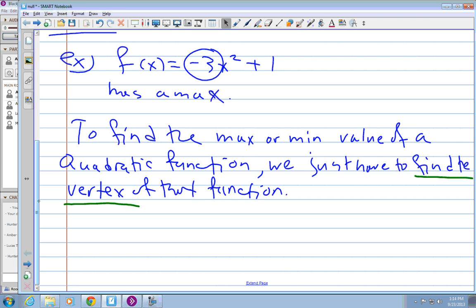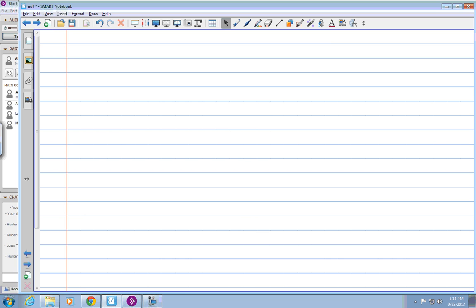All right. So I'm just going to throw an example at you. I'm going to give you this function: f of x equals -3 times (x minus 4) squared plus 1. Do you first of all agree that that's a quadratic function?